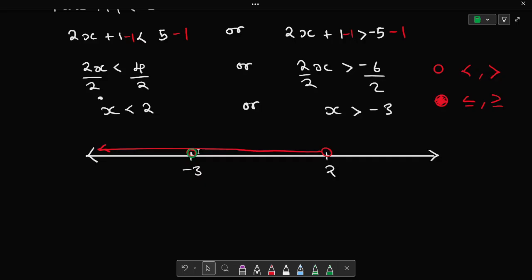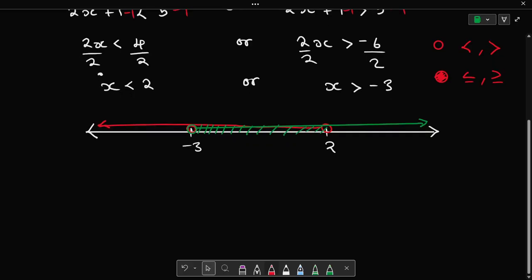X is greater than negative 3 is going in this direction. Okay, so the solution set is where these two overlap, and that's here. That's where the solution will be found.